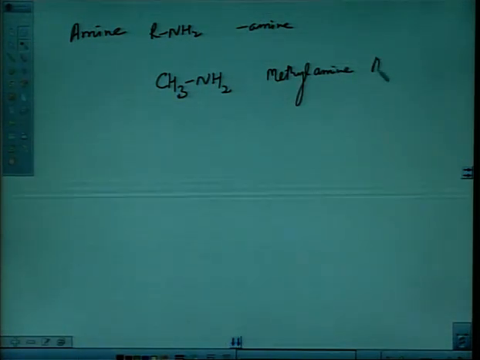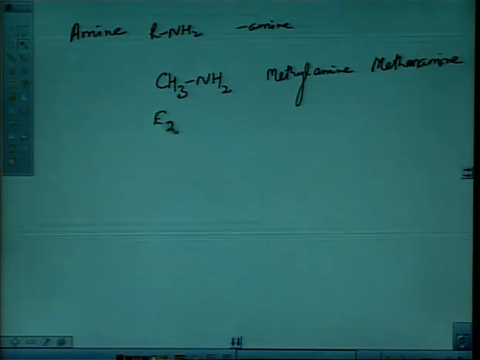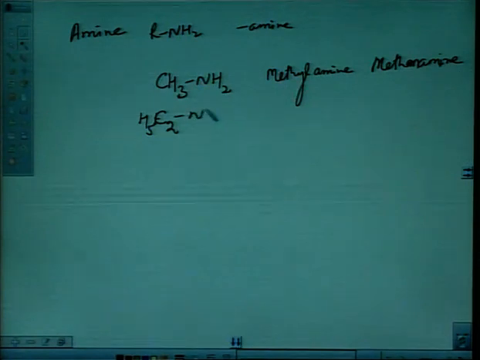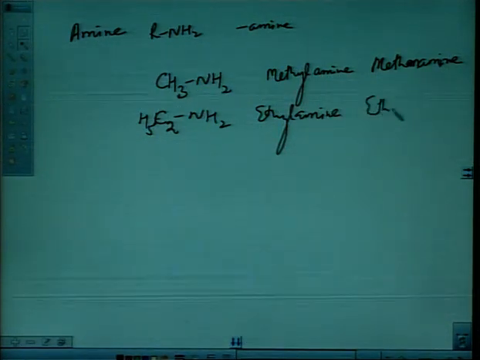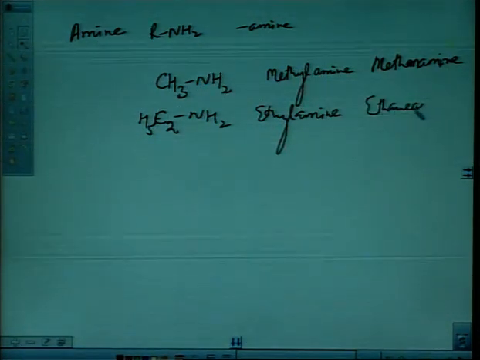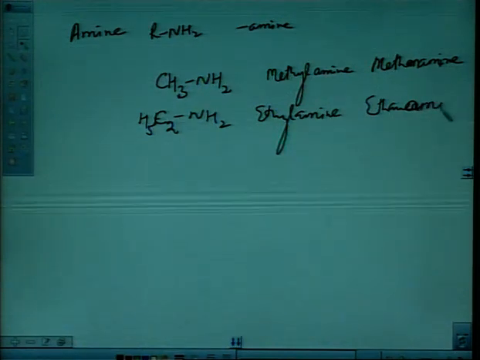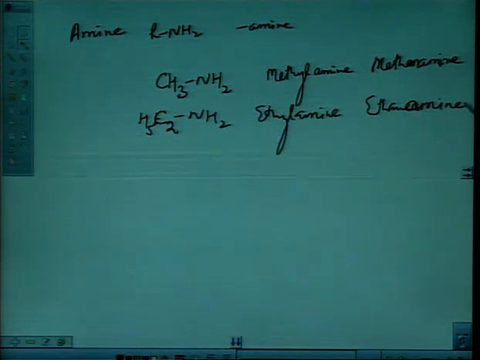The IUPAC name is methanamine, where the e of methane is omitted. The common name for the next compound is ethylamine and the IUPAC name is ethanamine. Okay.